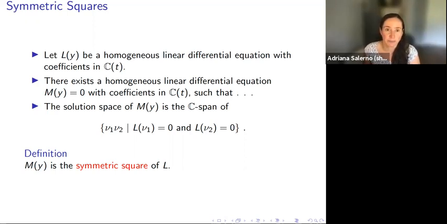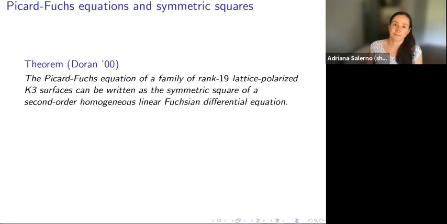If you have a homogeneous linear differential equation L with coefficients in rational functions with complex coefficients, there exists a homogeneous linear differential equation M with coefficients in C(t), such that the solution space of M(y) is the C-span of the pairwise products of the solutions of L. And then we say that M(y) is the symmetric square of L. Okay, so a differential equation can be a symmetric square of another differential equation.